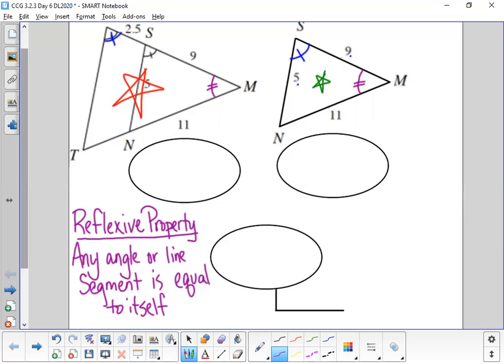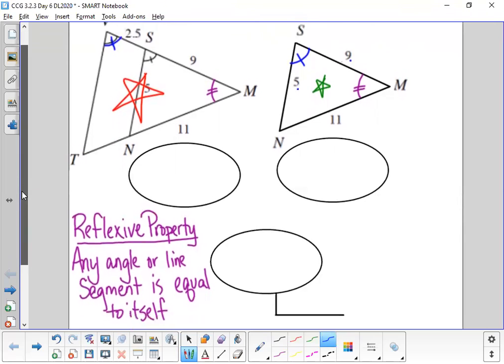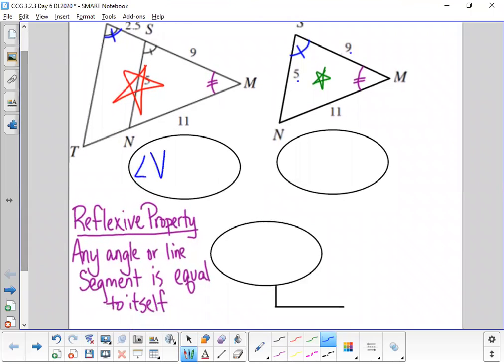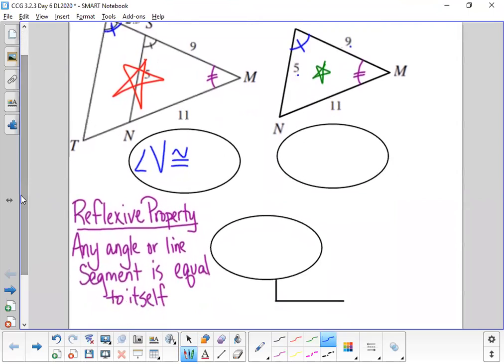So now if I look at my diagram, I have two pairs of congruent angles, which means I satisfy the angle-angle similarity. So I'm going to start by writing angle V, which I have marked in blue here, is congruent to angle S. And then my other pair of congruent angles: angle M is congruent to itself, angle M. So this is where that reflexive property comes into play.